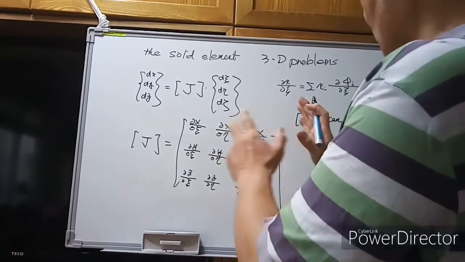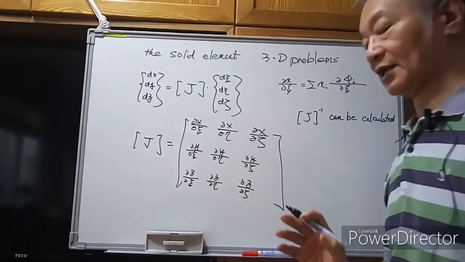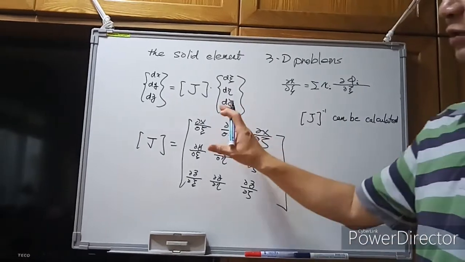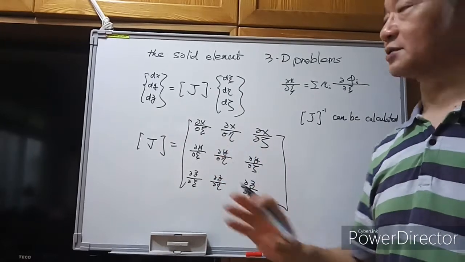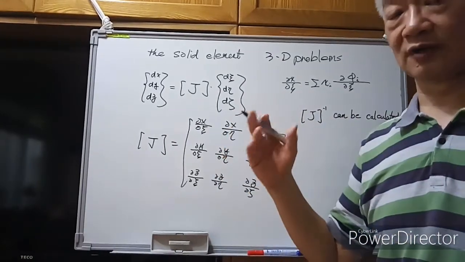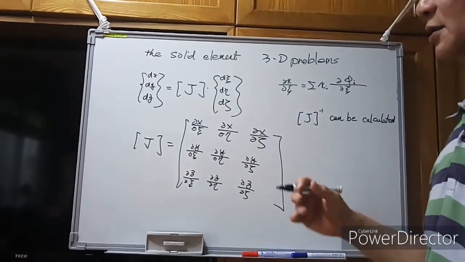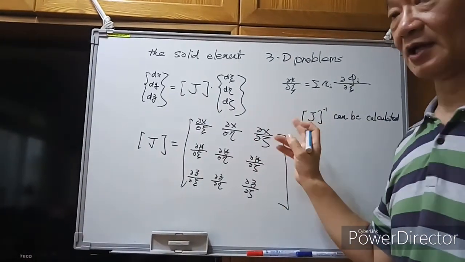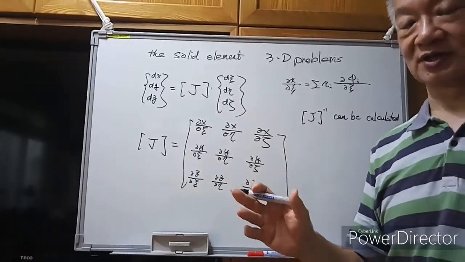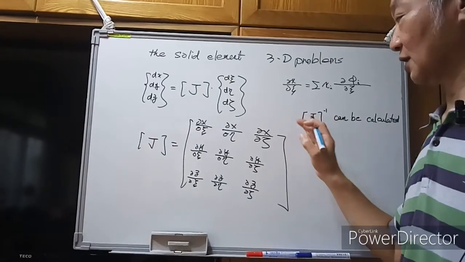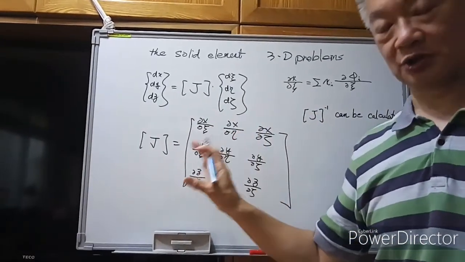First, we need to calculate all the elements in the Jacobi matrix in real numbers. Then we can calculate the J inverse matrix, and all the elements in the J inverse, we know their values. These elements are calculated from the J matrix.